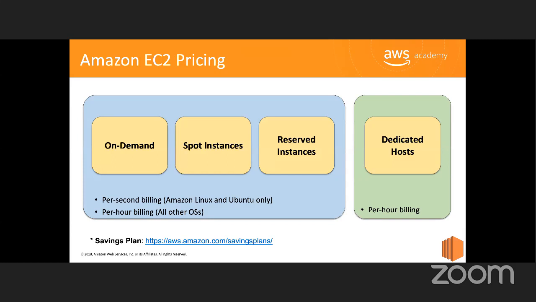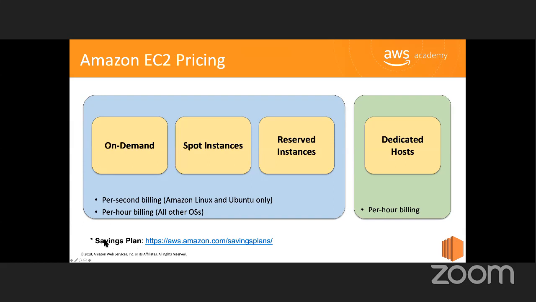Very important for your exam, you have 4 types of EC2 instances. You have on-demand, spot instances, reserved instances, and dedicated hosts. And if you see down here, I added savings plans.